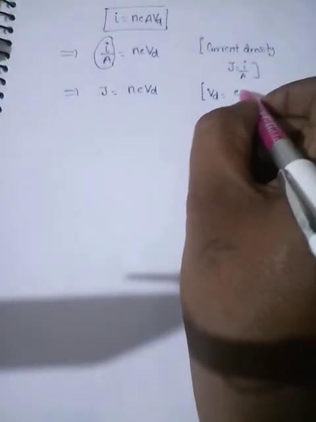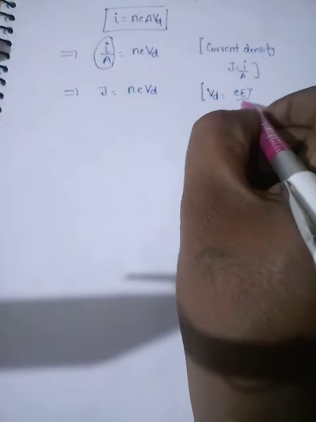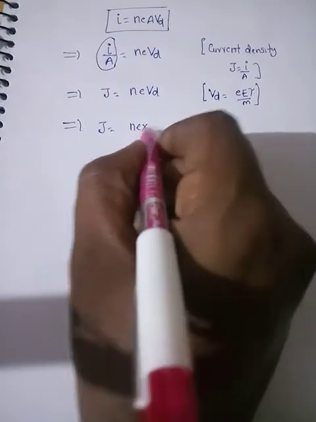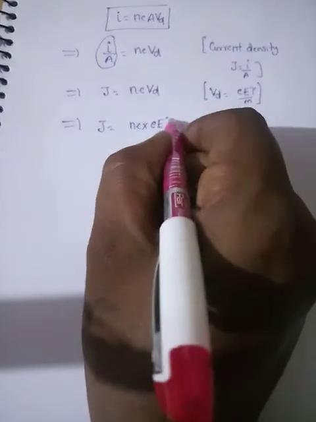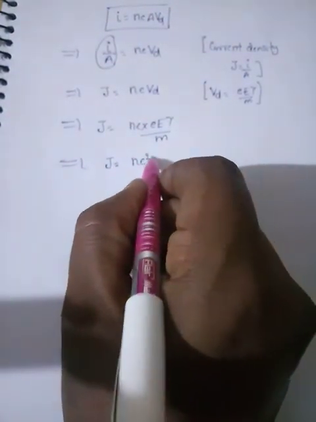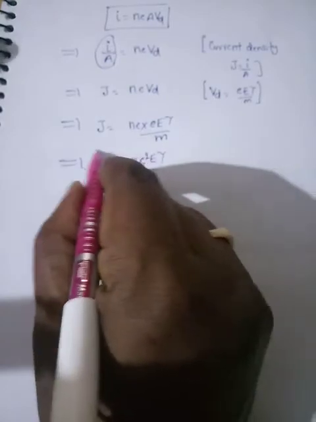So J is equals to nеVd. What is Vd? Again, eEτ by m, magnitude of velocity, right? Substituting tau, J is equals to what? ne into eEτ by m. Finally, J is equals to ne squared Eτ by m.